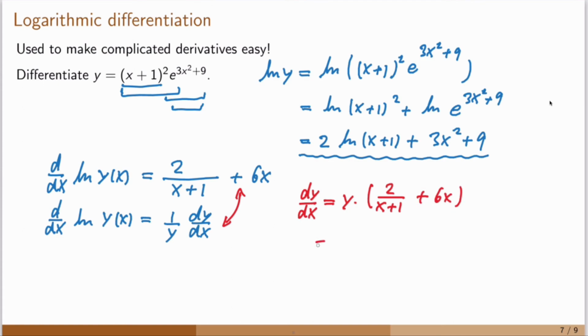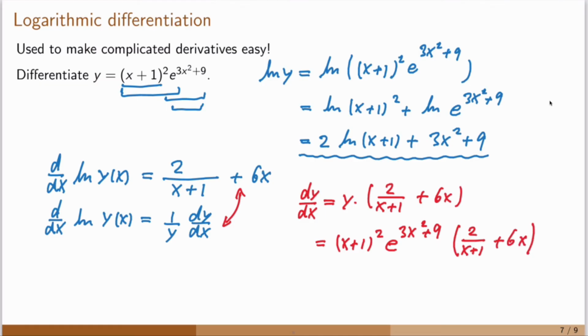So, final step, we have to substitute what y really is. And y is given on the top, so this is x plus 1 square, e to the 3x squared plus 9, and then all this times 2 divided by x plus 1 plus 6x.